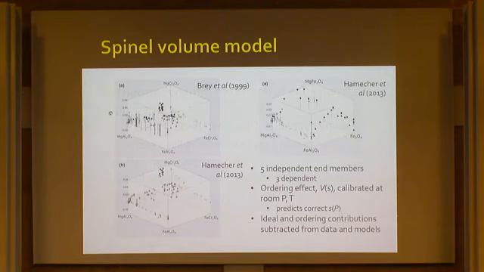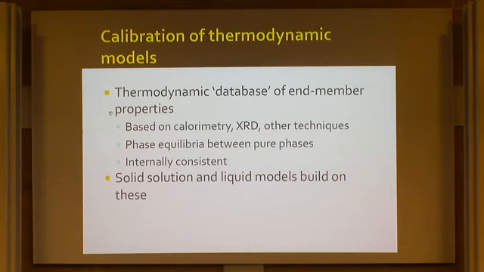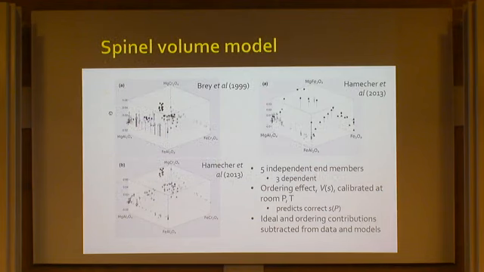When you start to actually fit the solution models, what becomes difficult is how to visualize what the form of the model should be. This is a relatively simple example because it's only dealing with volume. You can calibrate that without having to worry about other phases.